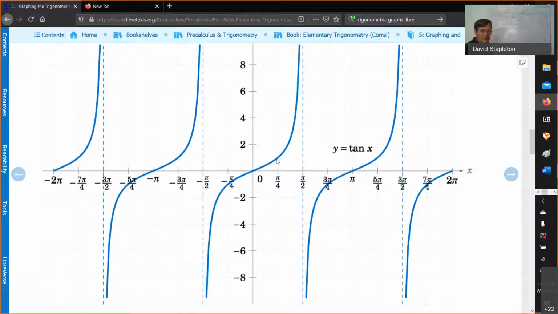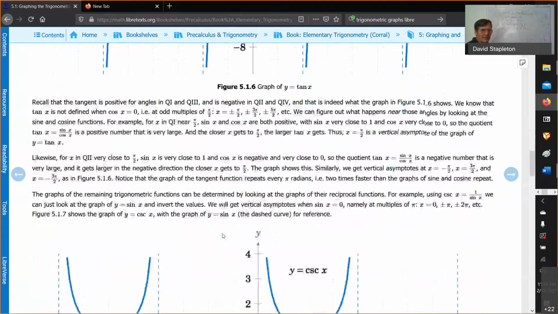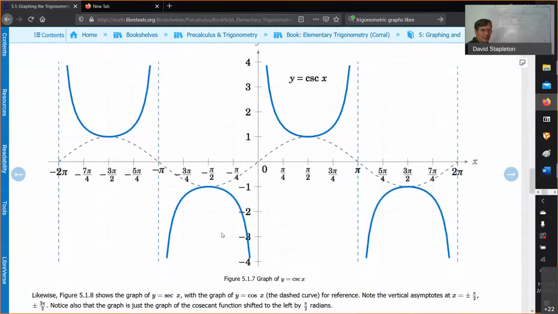At pi over 4, it's 1, and at minus pi over 4, it's minus 1, we proved, right? And so there's the nice graph of that. Maybe I should write that up on the board just to be complete here. And it has no minimum or maximum, right? Because it goes up forever and down forever. There's not a largest or smallest coordinate it takes on. Here's some of the other ones that are coming up. I just thought you might like it.